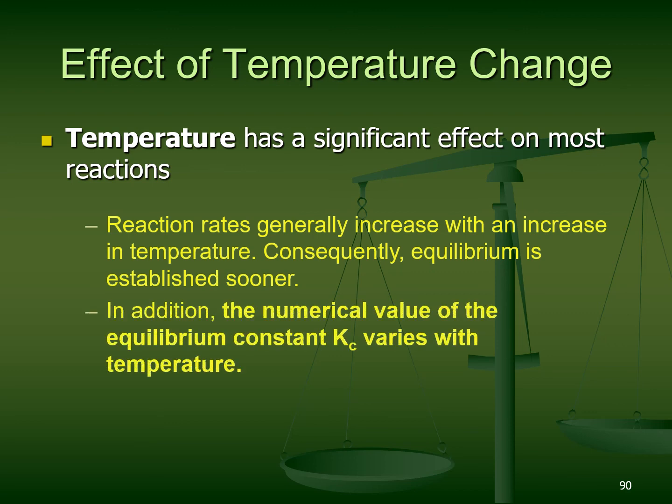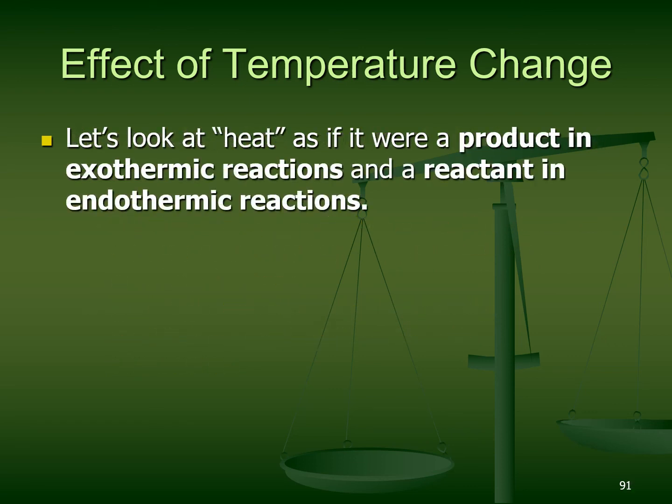The numerical value of the equilibrium constant will change with temperature, and it will depend on the type of reaction. The easiest way to do this is to see if heat is a product, which is an exothermic reaction, or if heat is a reactant, which is an endothermic reaction.